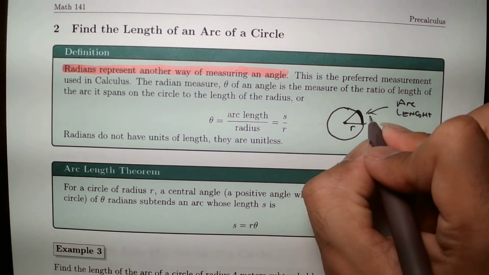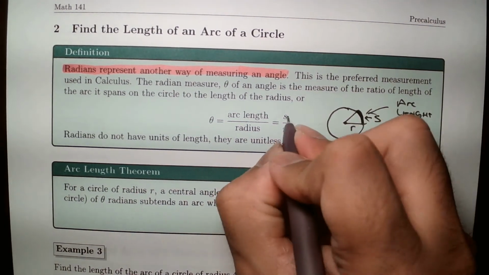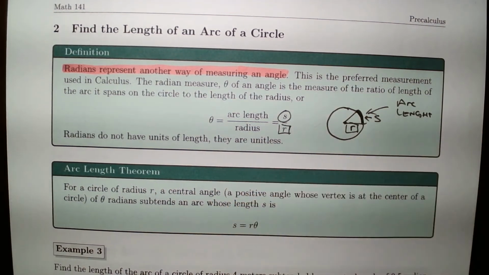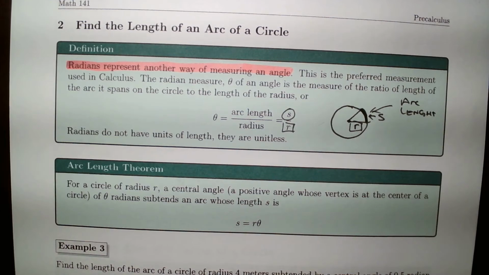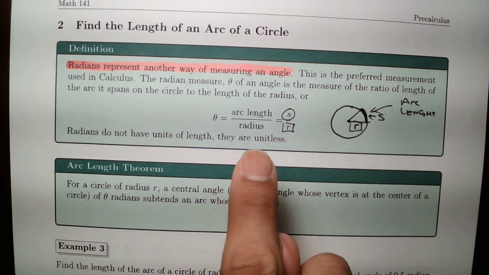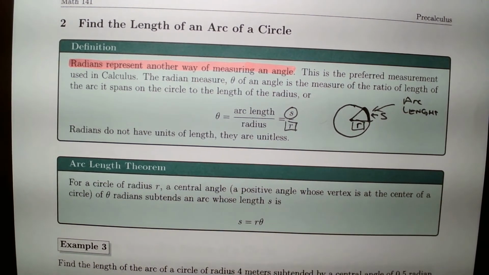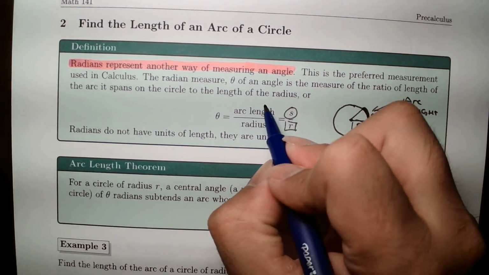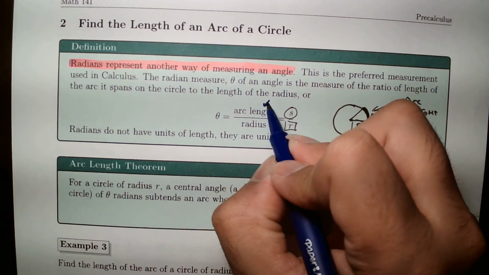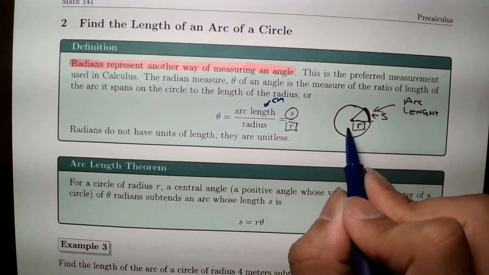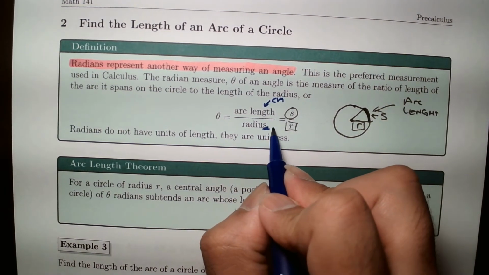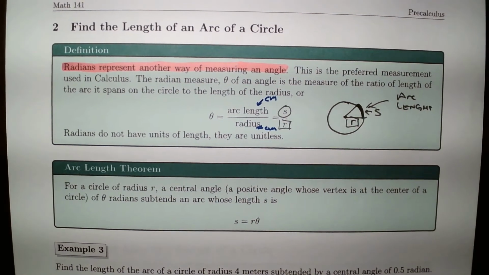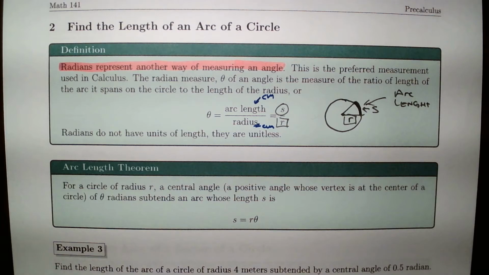This is also called S, and this is R, the radius. By the way, this one doesn't have any units, because if we look at the units of the arc length, for example, let's say it's in centimeters, and the radius is also a length in centimeters. Centimeters and centimeters cancel out, so that's why we don't have any units for radians.